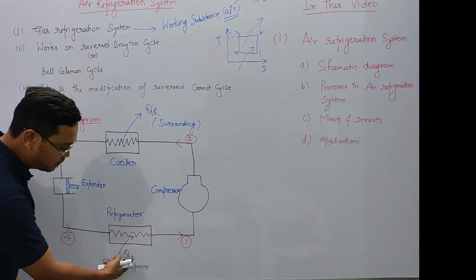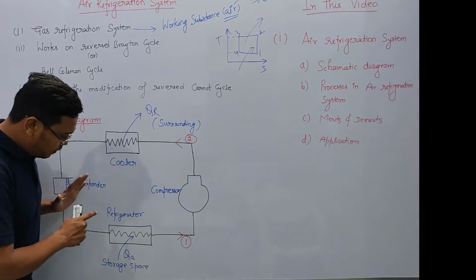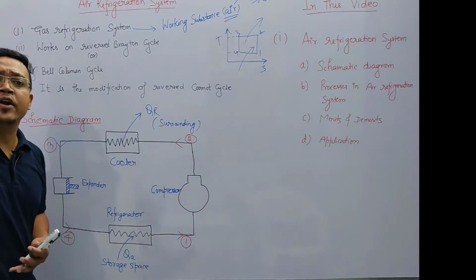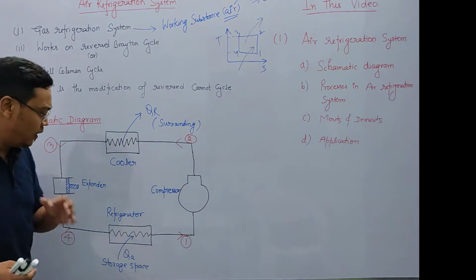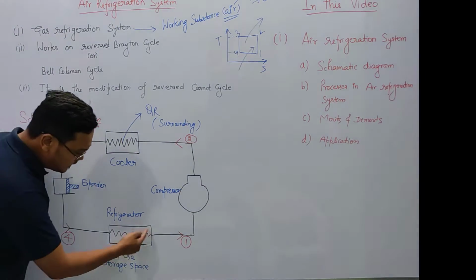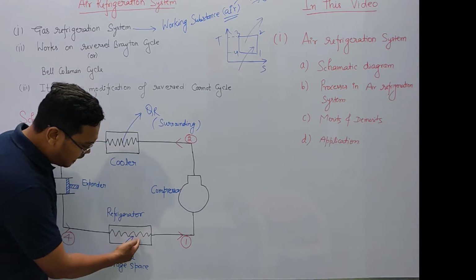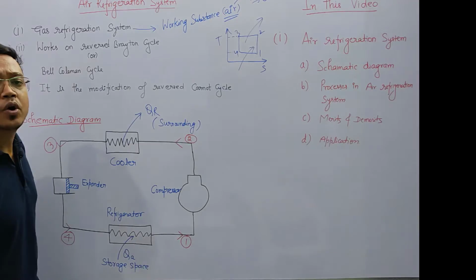It means in storage space, lower temperature is maintained. You have to understand in correlation with the window AC example which I have shown in my first video. Okay, now this air is taking heat from this storage space. After getting heat, the air will go to the compressor.